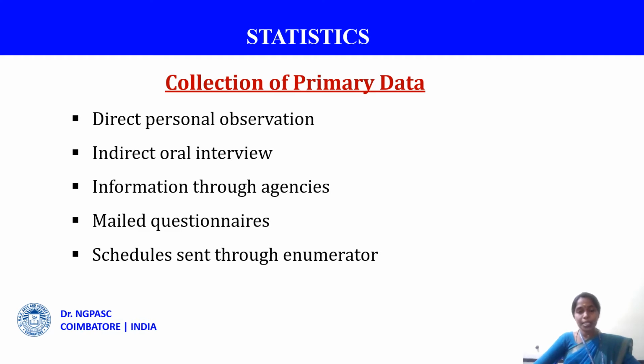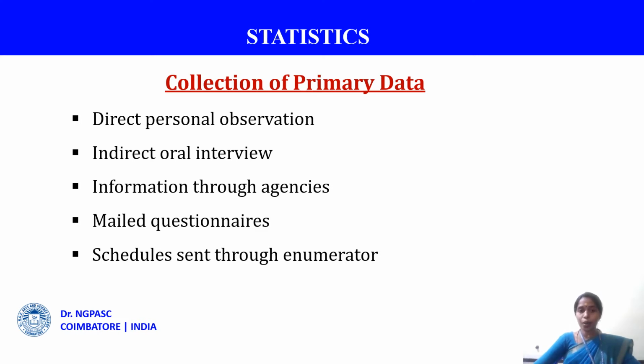The next one is mailed questionnaires. Here we prepare a list of questions, that is a questionnaire, with blank spaces for them to answer. It will be sent by mail and a particular person will answer the questions and send it back. That is called a mailed questionnaire.